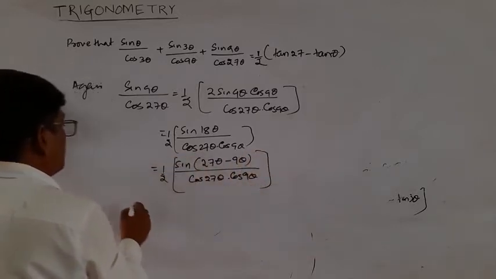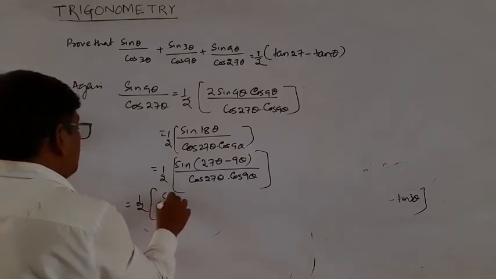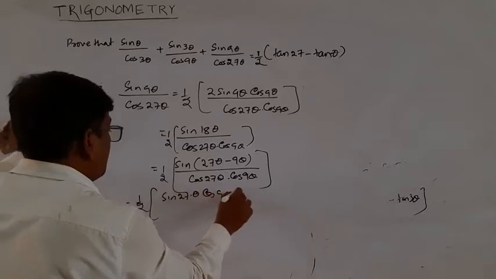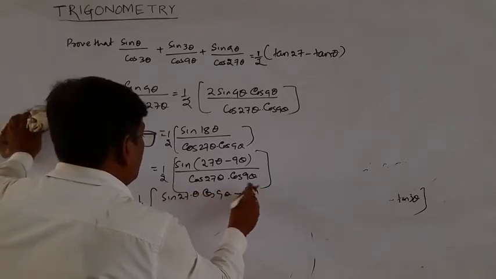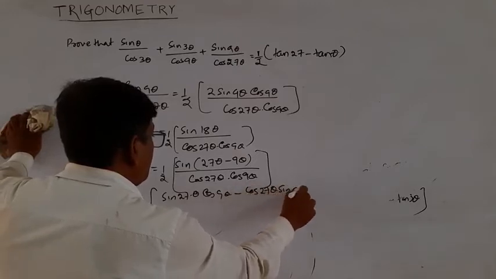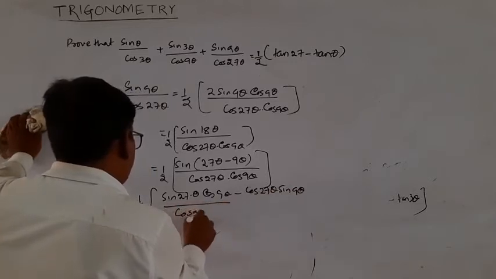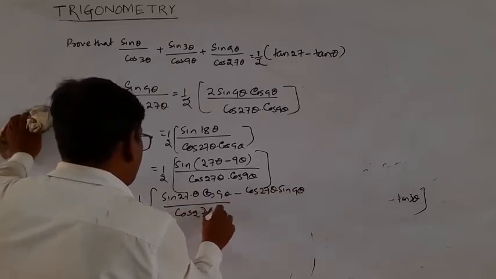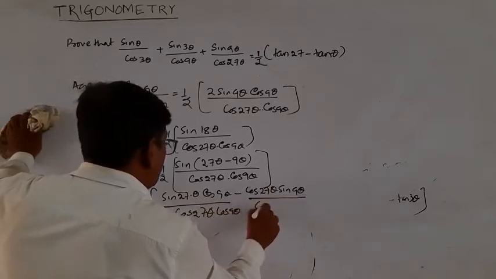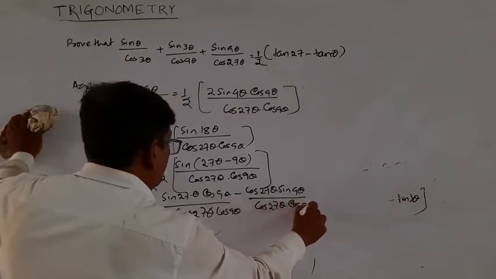So this is equal to 1 by 2, that is sin 27 theta into cos 9 theta minus cos 27 theta into sin 9 theta, divided by cos 27 theta into cos 9 theta.